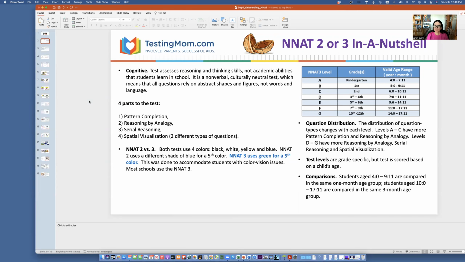It's sort of the skills behind the scores for the state test. So it's almost more like an IQ test, but it's given in a group at school.